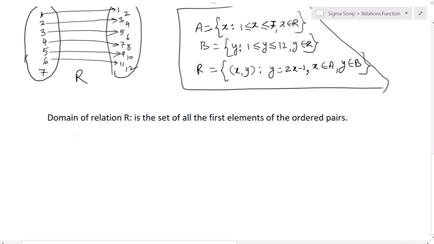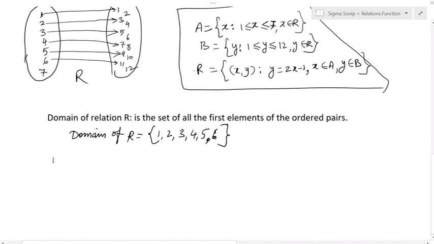The domain of R is the set of all the first elements: 1, 2, 3, 4, 5, and 6. You can see that 7, although it is a member of set A, is not in the domain of R.